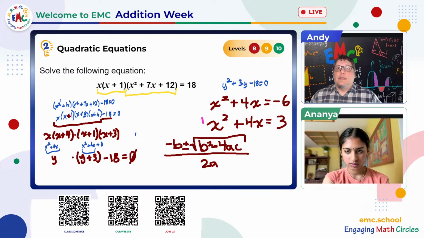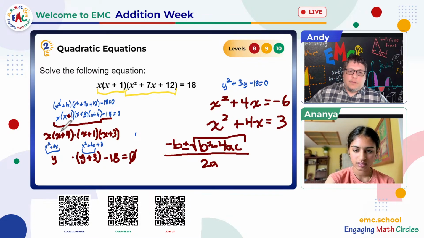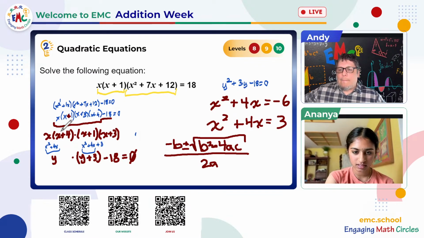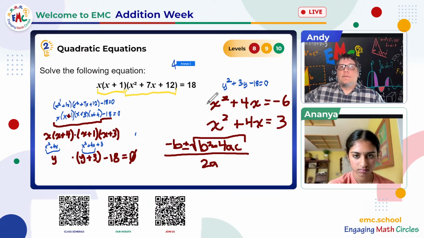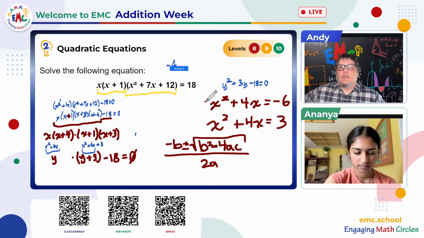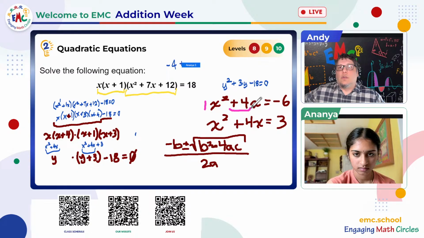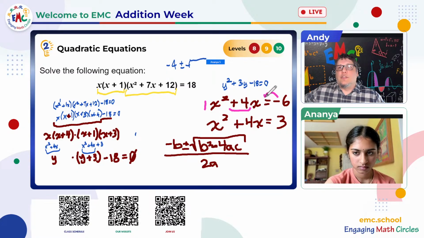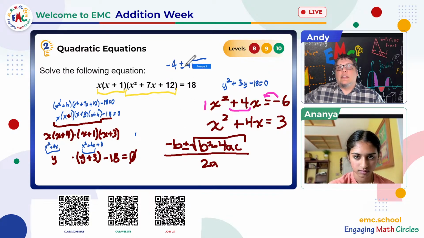All right. Let me plug that in. I'm going to solve the first one first. Our A is 1, our B is 4, and our C, we're going to put this over to the other side, is positive 6. So she's filling it in. She'll probably skip a few steps in simplifying here.